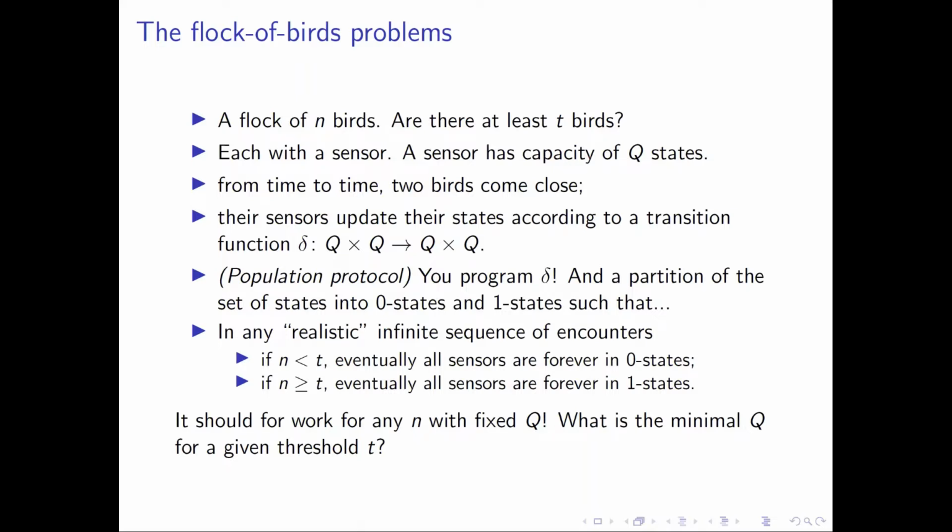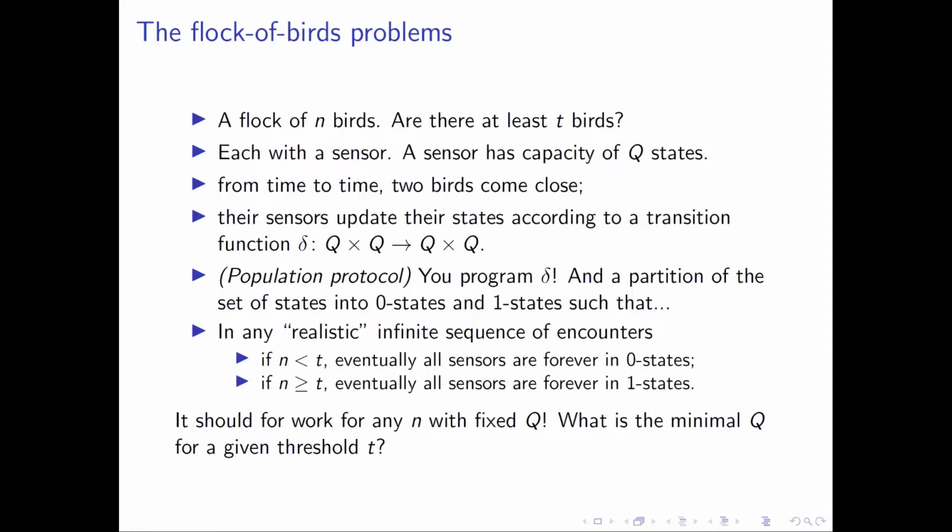To realize this, we just have to note first that we assume that birds pair with each other forever on. So it gives us an infinite sequence of pairs of birds, or in other words, an infinite sequence of encounters.